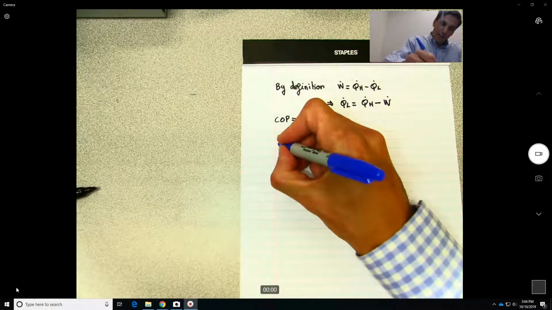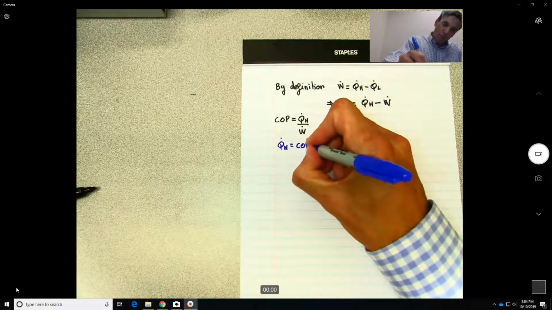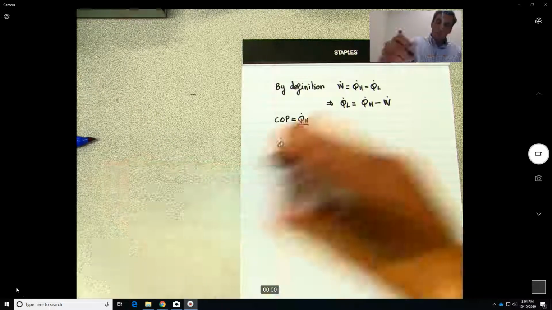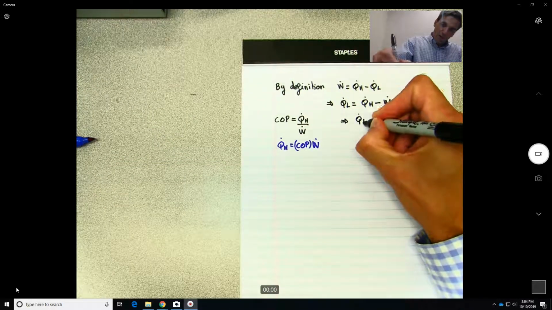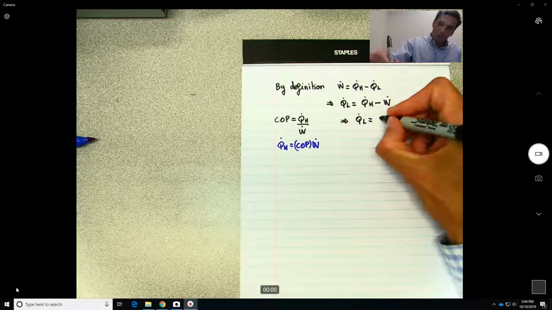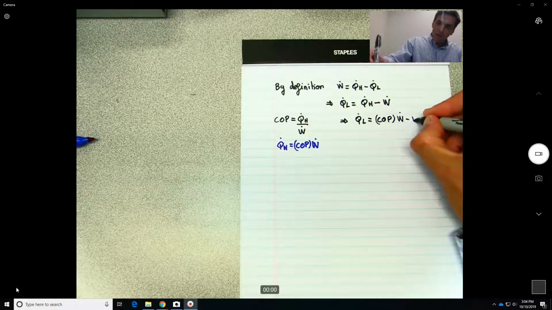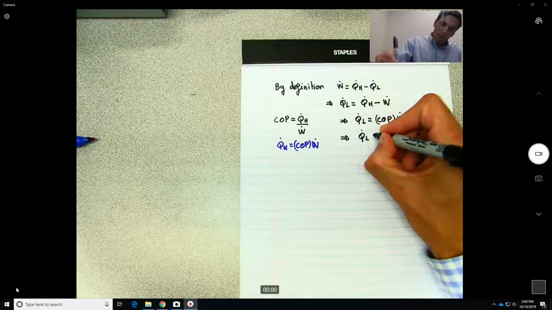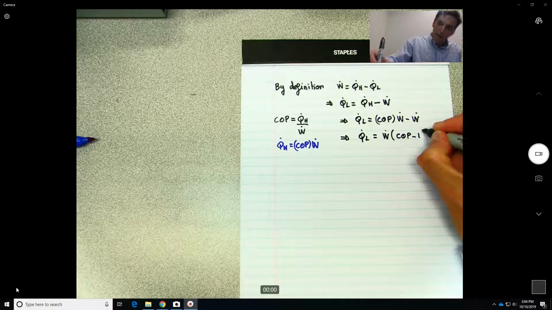We can say that Q hot will be equal to the coefficient of performance times the power. So that this will mean that the amount of heat going out will be equal to the coefficient of performance times the power minus the power. Or finally, this will be equal to the power times the COP minus 1.